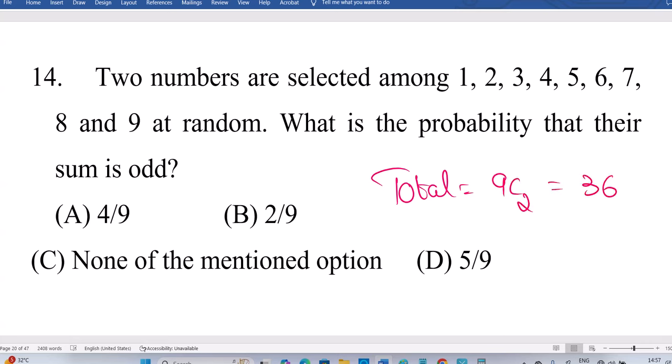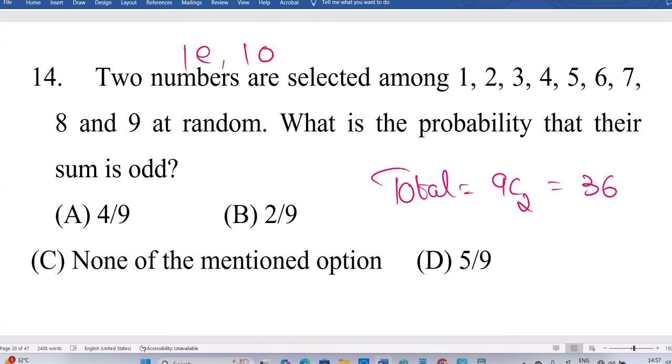Now what is the favorable? Probability that the sum is odd. Guys, how will you get odd? For two numbers, odd means it should be one even and one odd. If both are odd, odd plus odd will give even. Both even, even plus even is even. So we need one even number and one odd number.